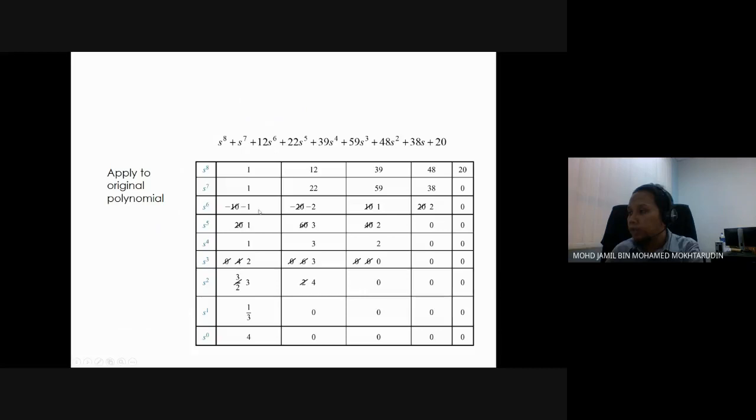And then from here, you determine how many sign changes. So here you'll see that there is one sign change from positive s to the power of 7 to s to the power of 6. And then from s to the power of 6 to s to the power of 5, there is another sign change.